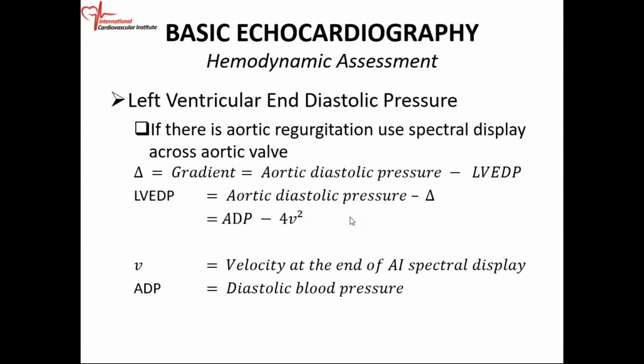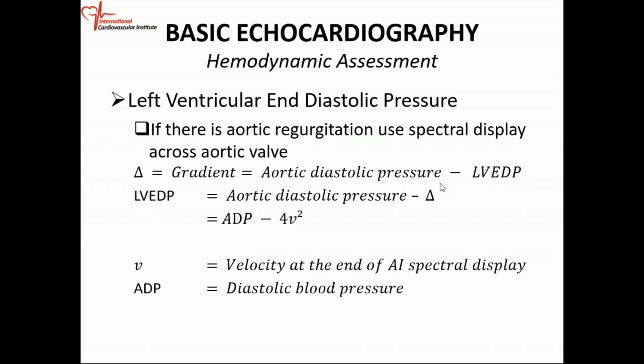Okay, so when we do our Doppler and we get our aortic insufficiency, just like your pulmonic insufficiency, you get an early velocity and a late velocity or end diastolic velocity.